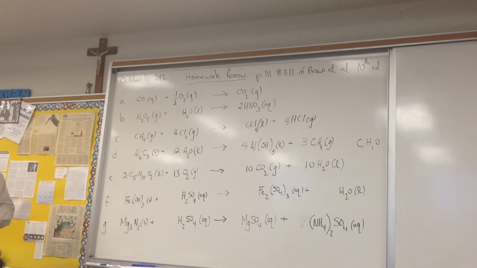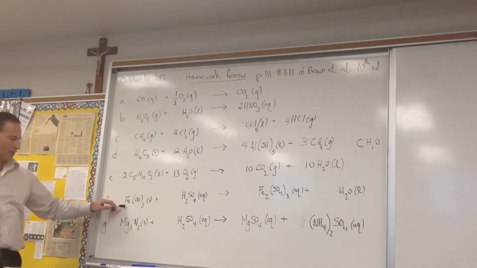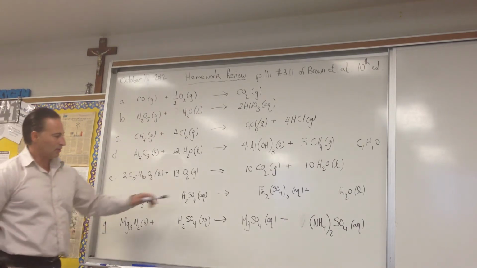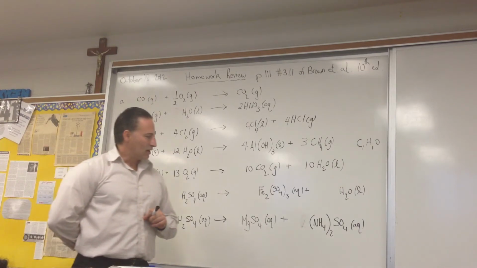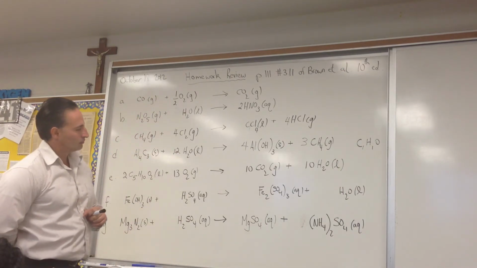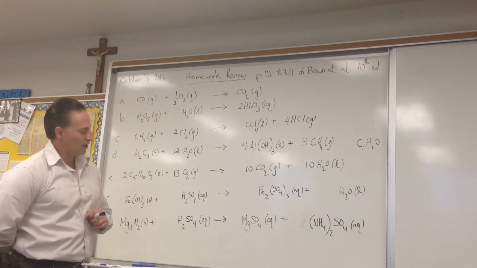All right, so on the next one, we have ferric hydroxide, Fe iron 3 hydroxide, reacting with sulfuric acid to give you ferric sulfate and water.